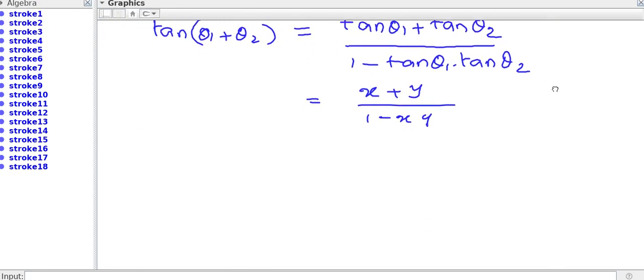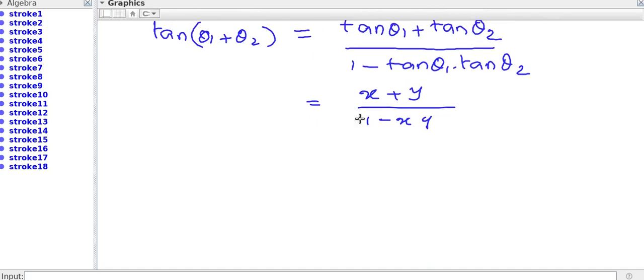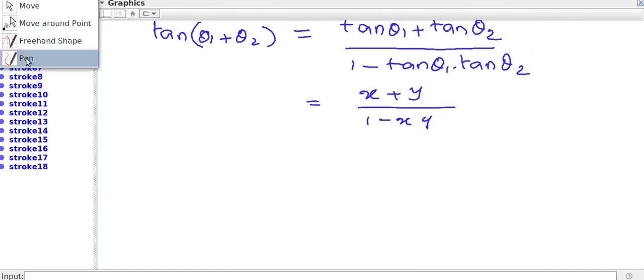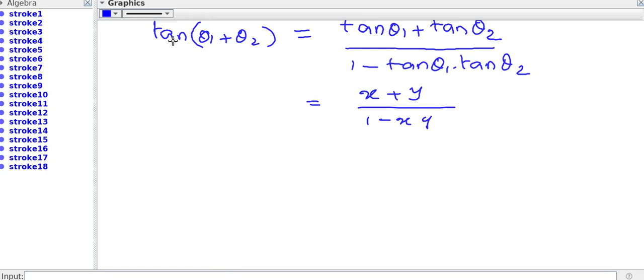Okay, this is our tan of theta 1 plus theta 2. So tan of theta 1 plus theta 2 is equal to x plus y by 1 minus xy. And if we take the inverse, so what about theta 1 plus theta 2? Here I will write it again, tan of theta 1 plus theta 2 is equal to x plus y by 1 minus xy.